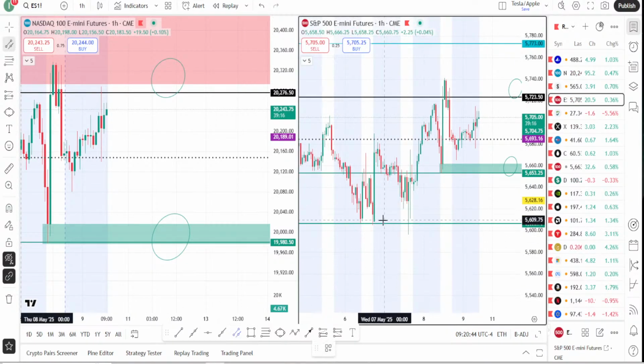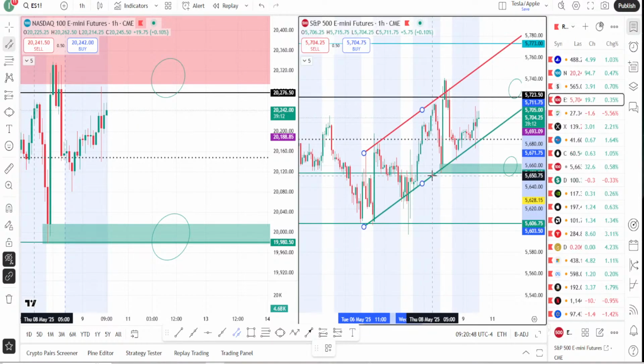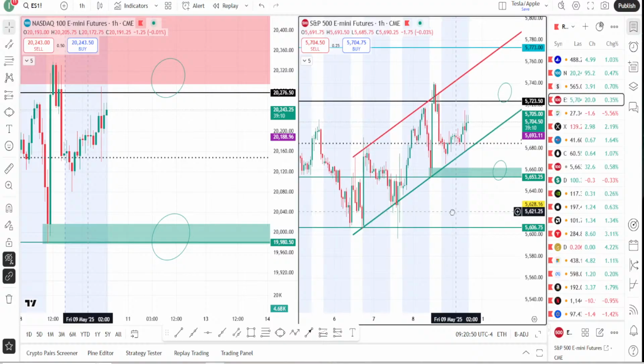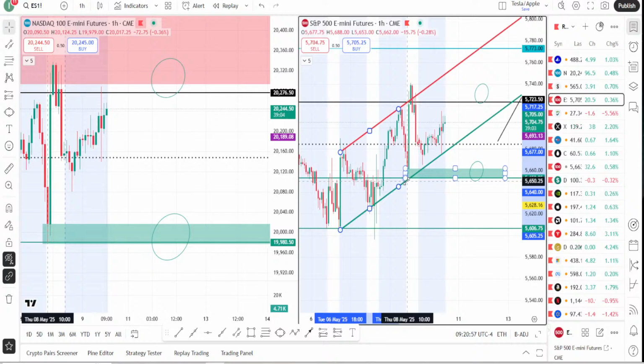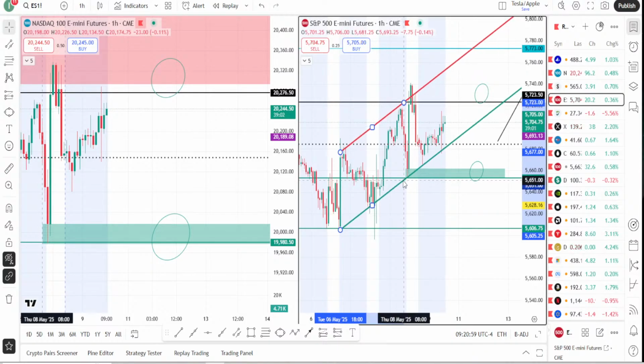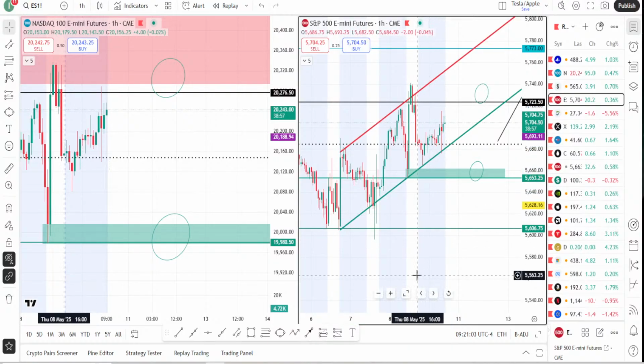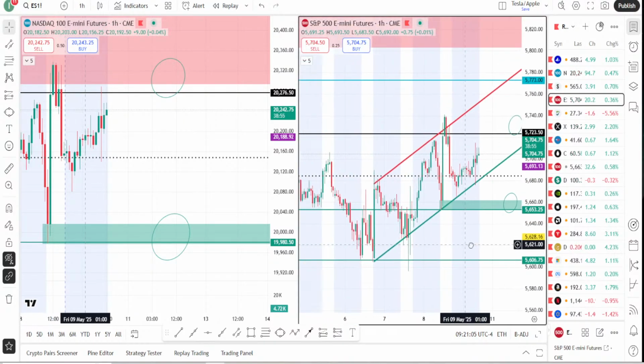Got some trend lines here. That looks pretty clean there.